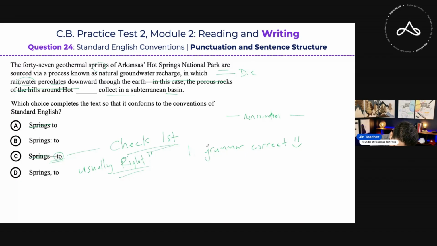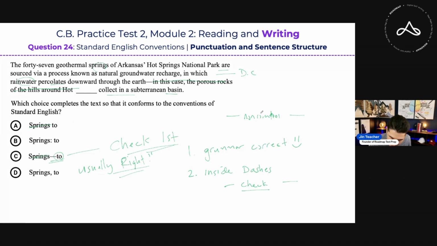And the second thing: once we're done there, we're not done yet. We also have to check inside the double dashes, or between the dashes, I should say. So you want to check this part here. We mentioned that the information between the two dashes is non-essential, and this is how you check for it.